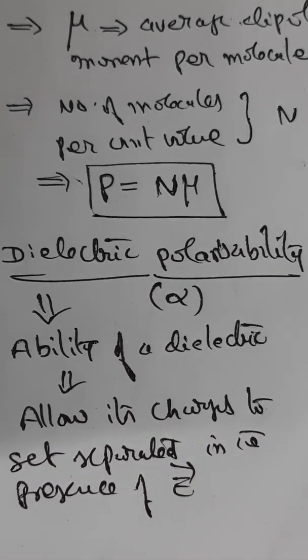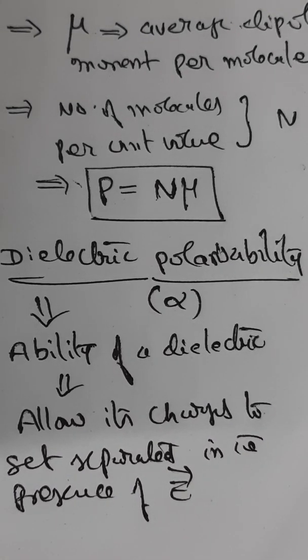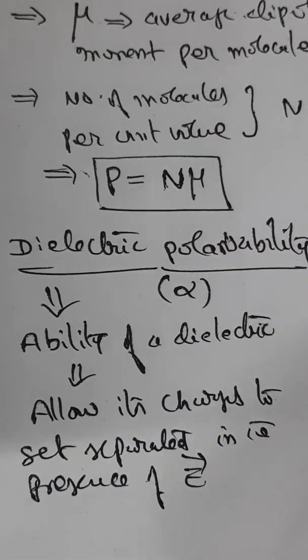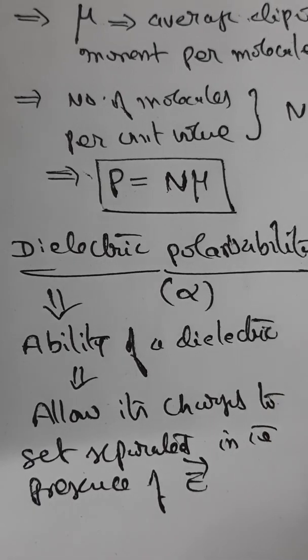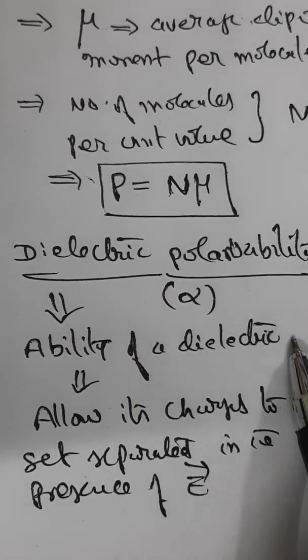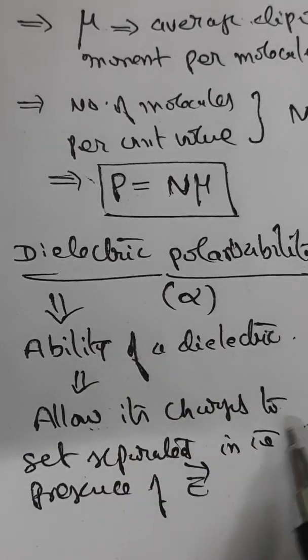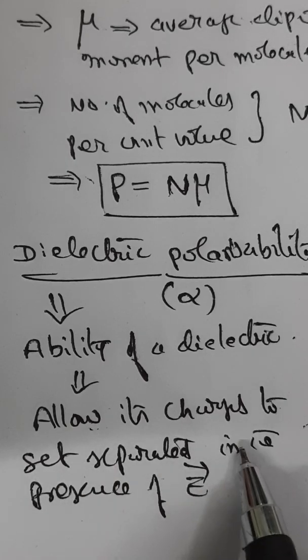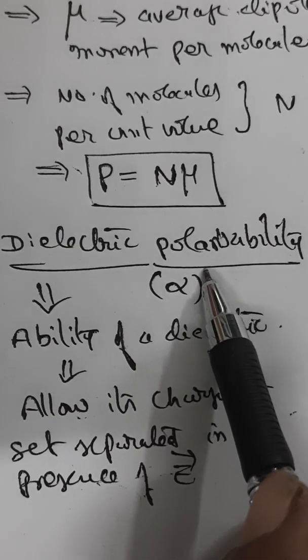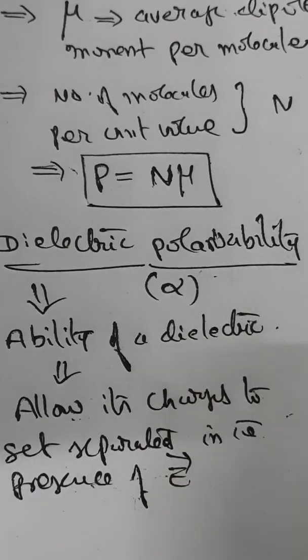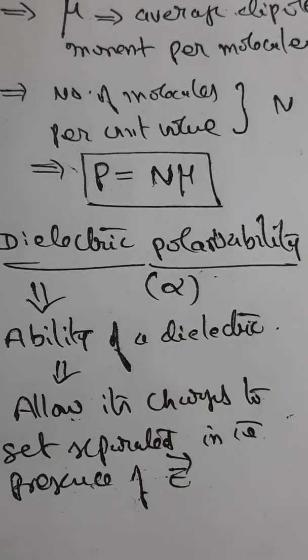This is dielectric polarizability. All this is coming because of separation of charge only. So the medium is allowing it to get separated. Therefore, the ability of the dielectric material to allow its charges to get separated in the presence of an electric field is what is known as dielectric polarizability. Clear?